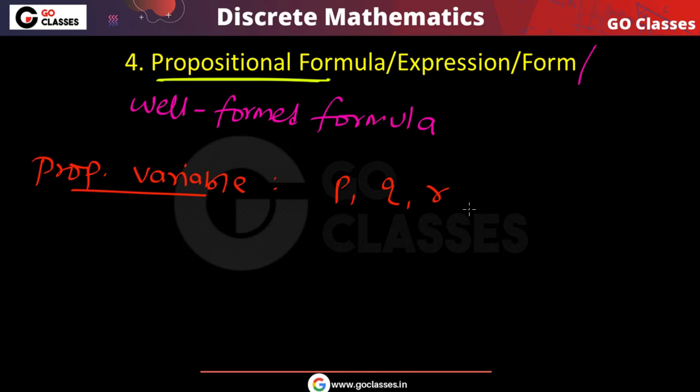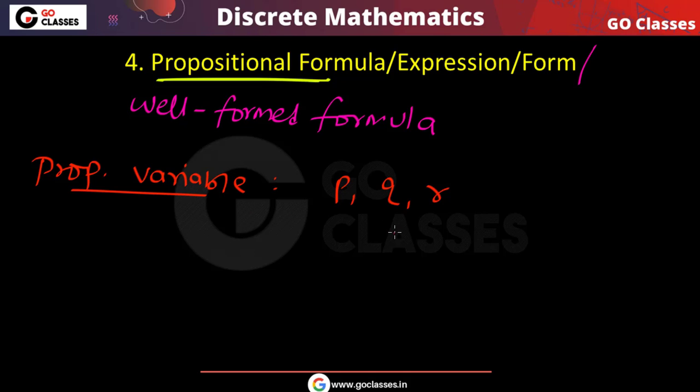They do not depend on anyone else. The truth value of P does not depend on anyone else, and neither does the truth value of Q.